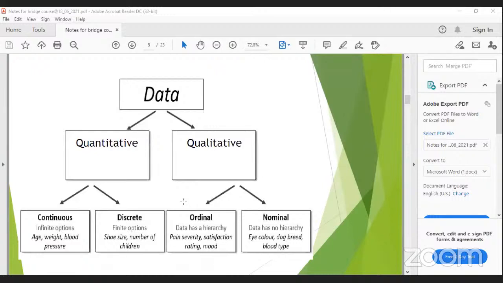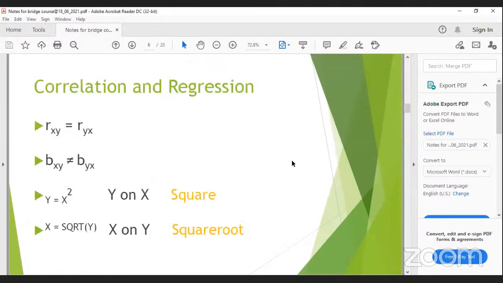You will understand slowly. If you look at this, it is a brief on correlation and regression. There are some properties, or rather the relation between x and y. I hope you are understanding this notation.